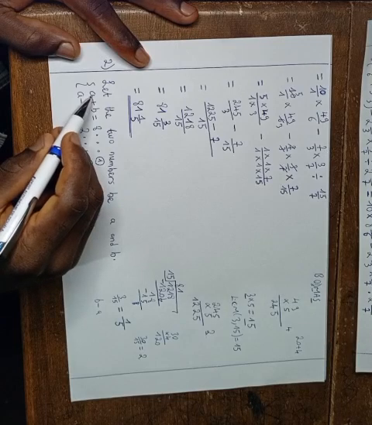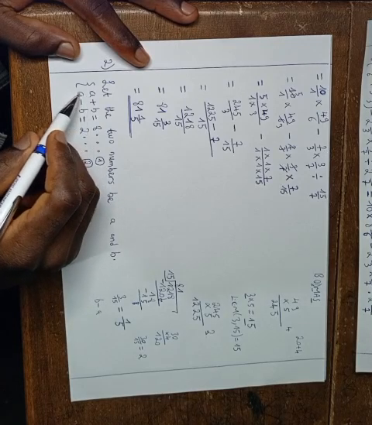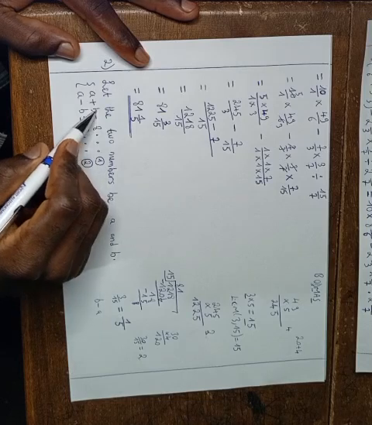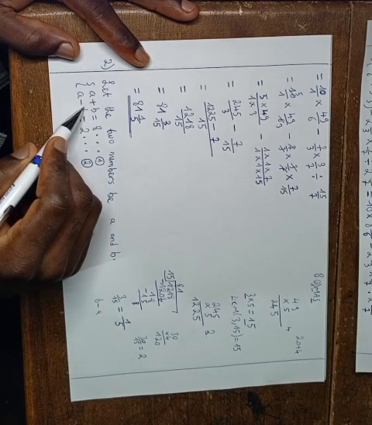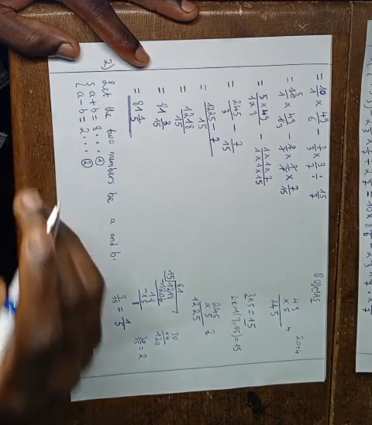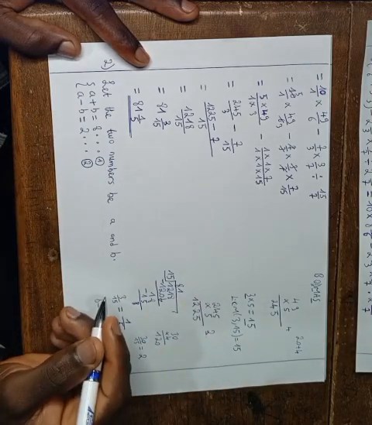You can see the coefficient of A in the first equation is 1, coefficient of A in the second equation is 1, coefficient of B in the first equation is 1, coefficient of B in the second equation is -1. So if we add these two equations, the variable B will disappear.